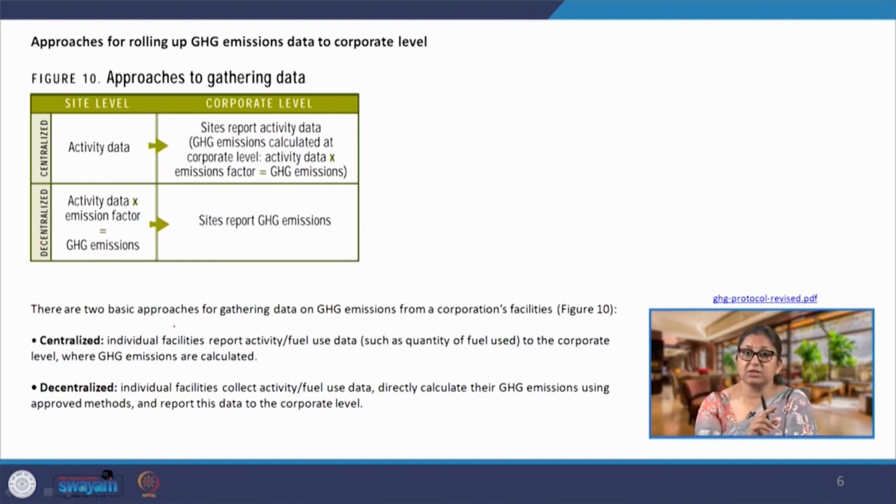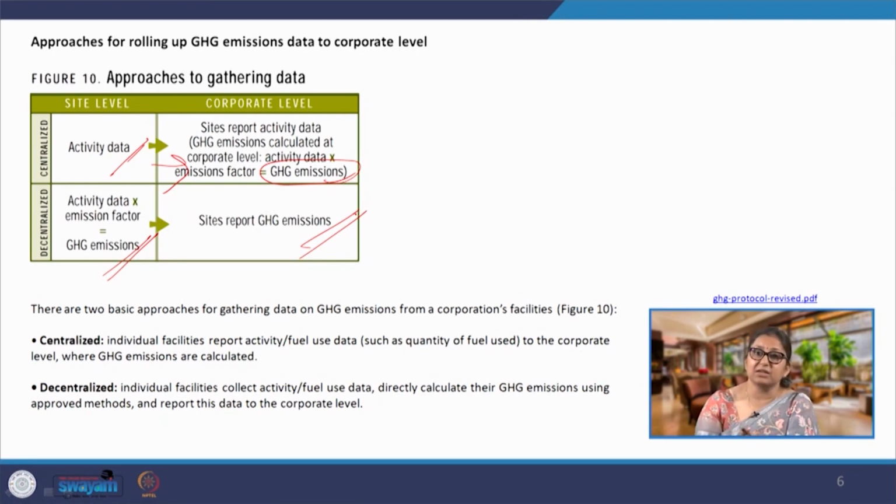When the company is reporting, it means all 100 offices are reporting. So, they could report in 2 ways. One, they could send the data to the parent company and then the parent company can do the conversions, do the calculations, and then calculate the GHG emissions, or each site can calculate its own GHG emissions and then the company can report the GHG emissions.